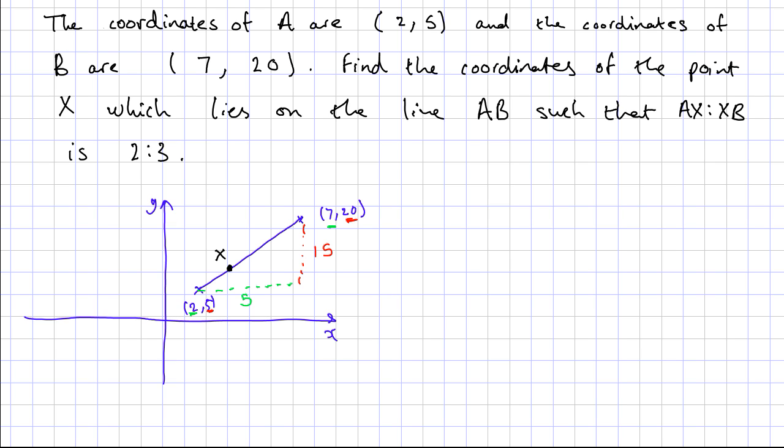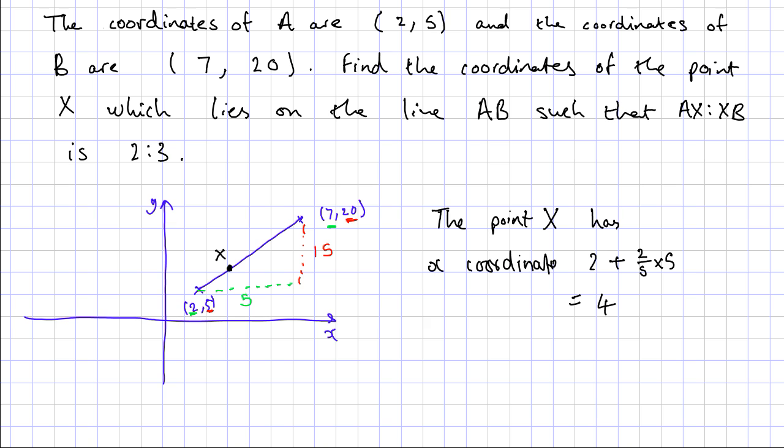So the point X has X coordinate, so it will be this number here, so this 2 plus 2/5 of this 5, so that will be 2 plus 2/5 of 5 is just 2, so 2 plus 2 is 4.